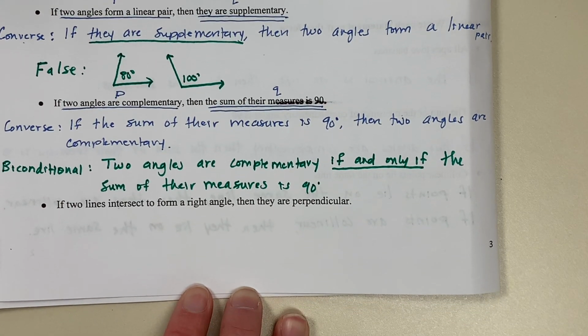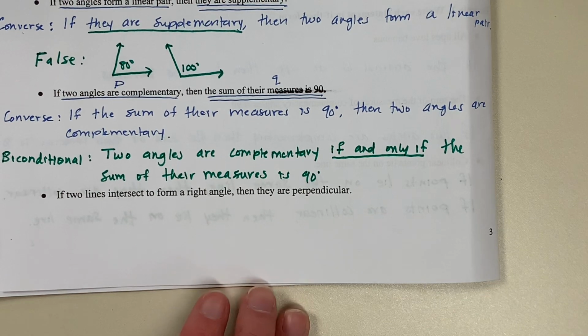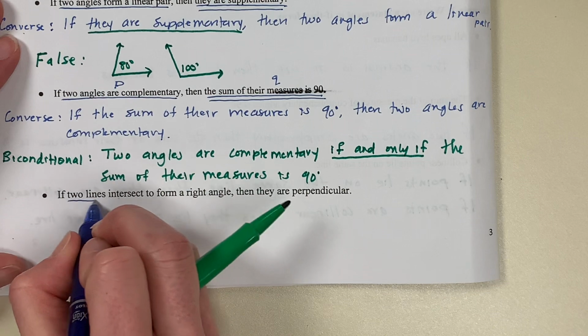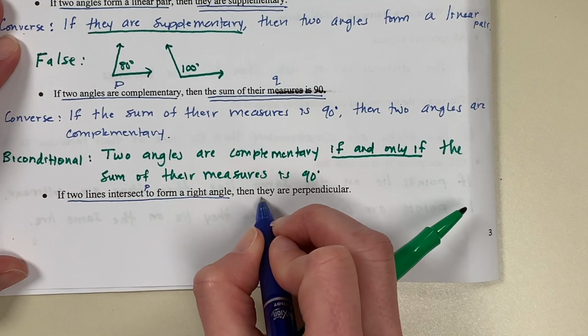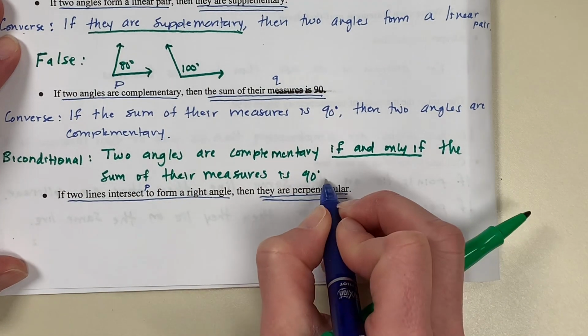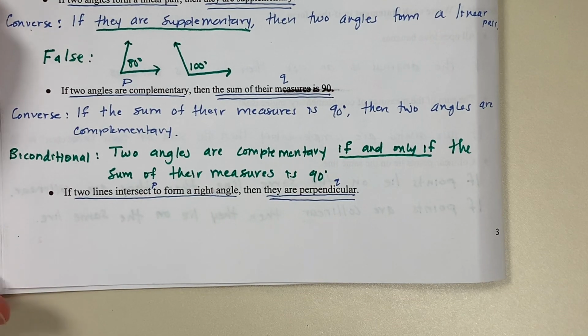Okay. Let's try one more. If two lines intersect to form a right angle, then they are perpendicular. Okay. Two lines intersect to form a right angle is the hypothesis. Conclusion, they are perpendicular, without the word then. Okay, so this time I'm going to talk through it and I'm going to let you write it down. So the converse switches the hypothesis and the conclusion.